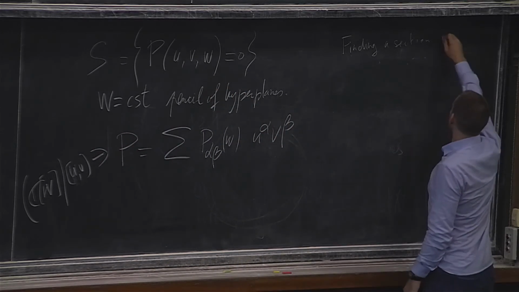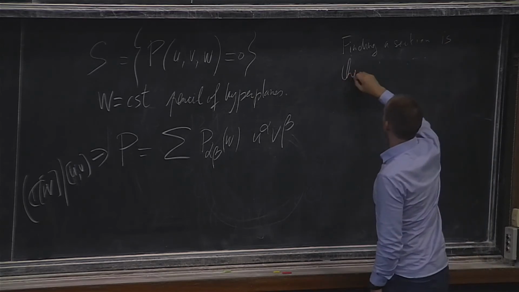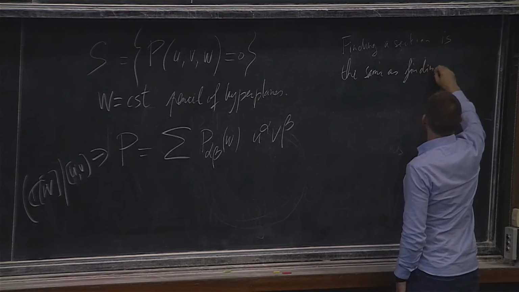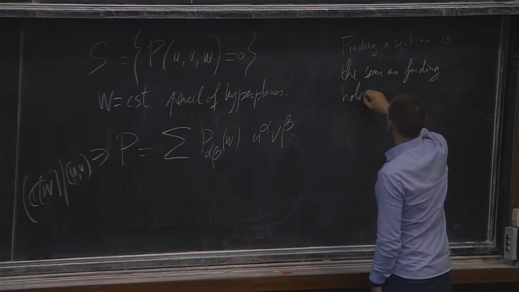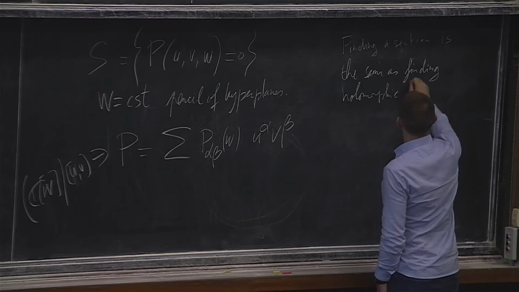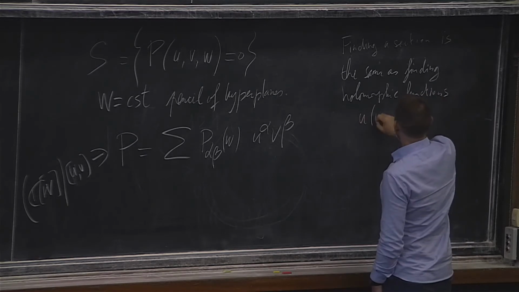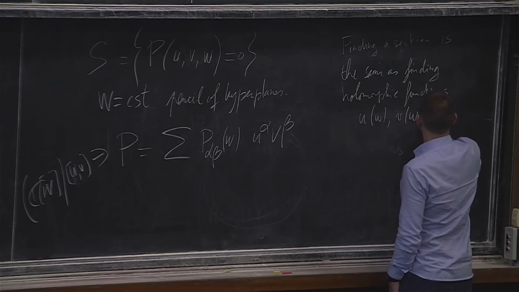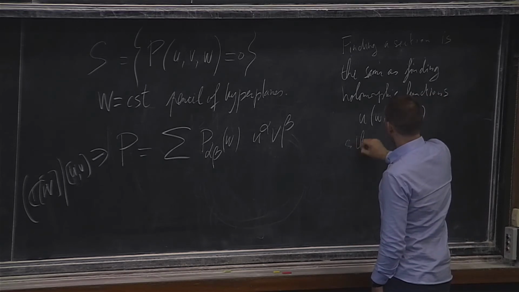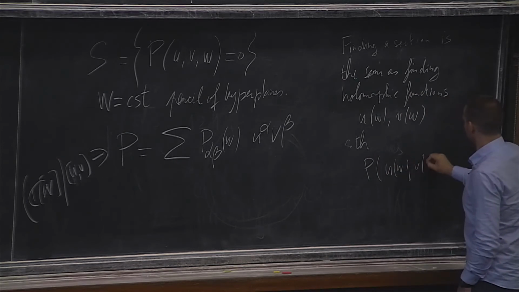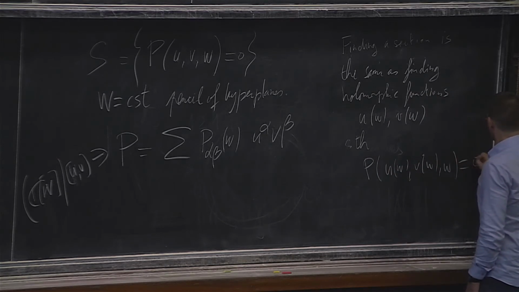So finding a section is the same as finding holomorphic functions u of W, v of W, such that P of u, v, W is equal to 0, right?